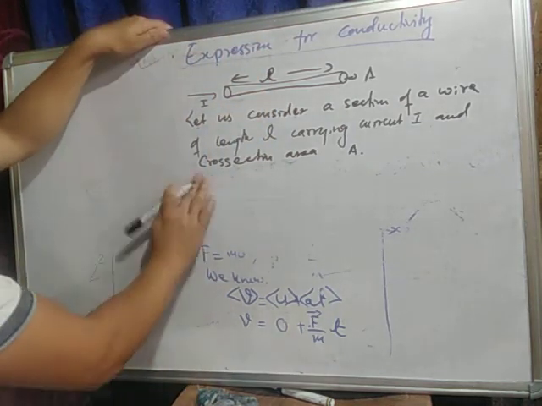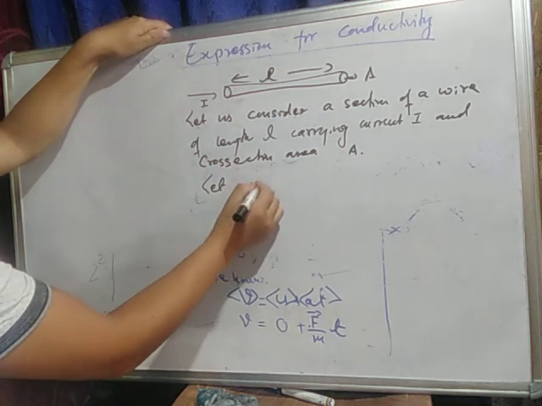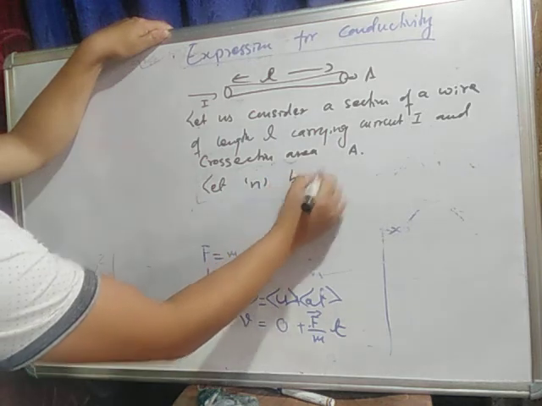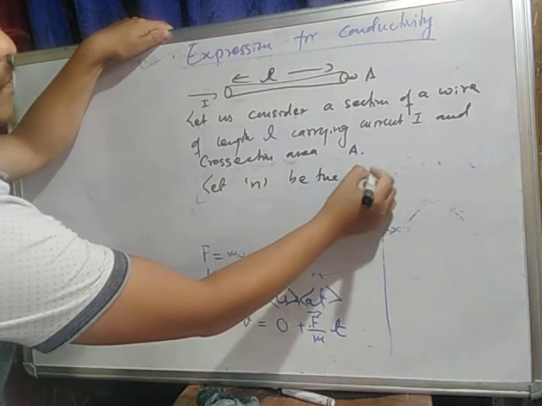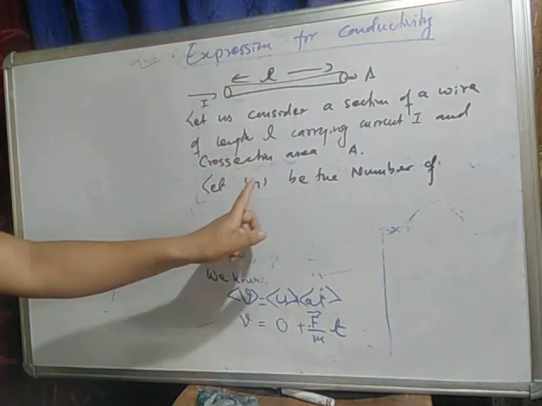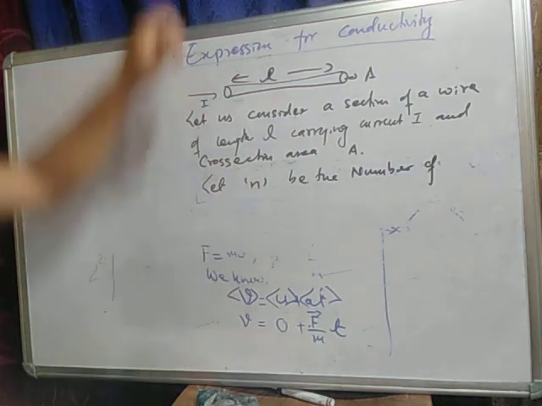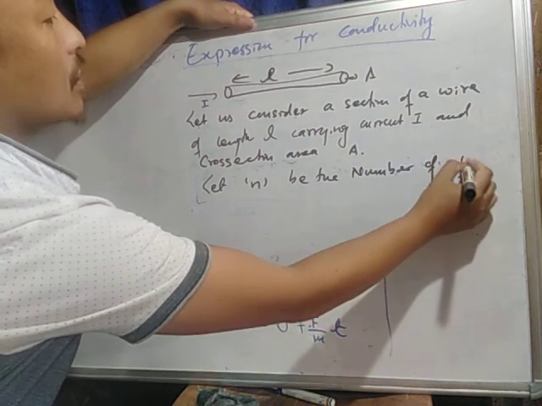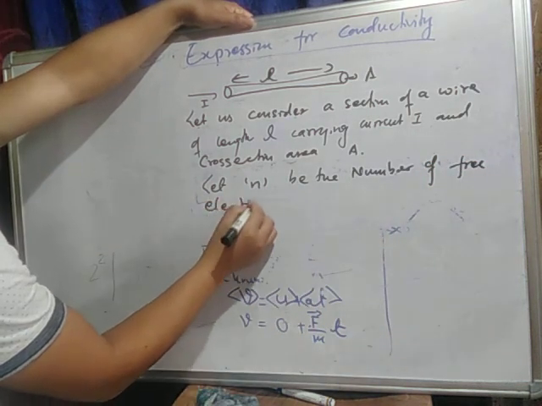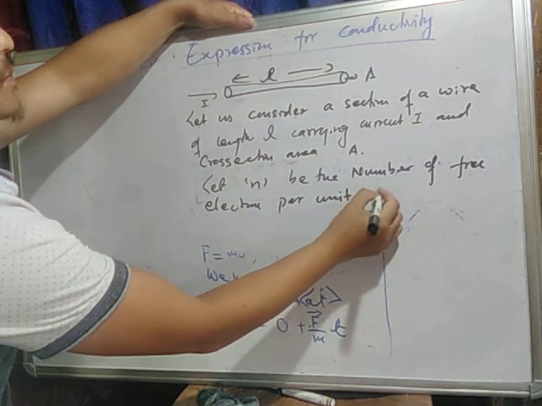So the next line is: let n, small n, be the number of free electrons per unit volume.